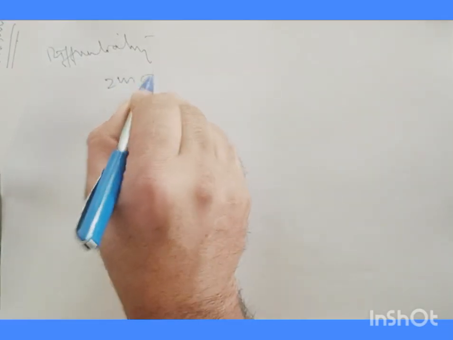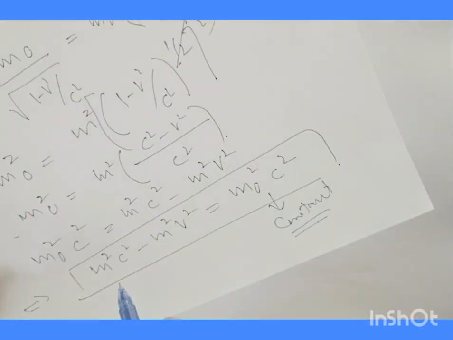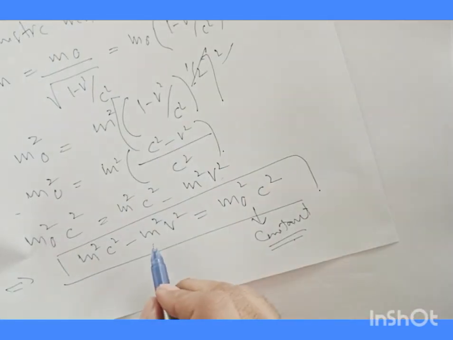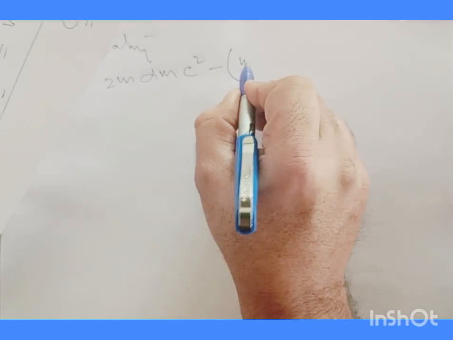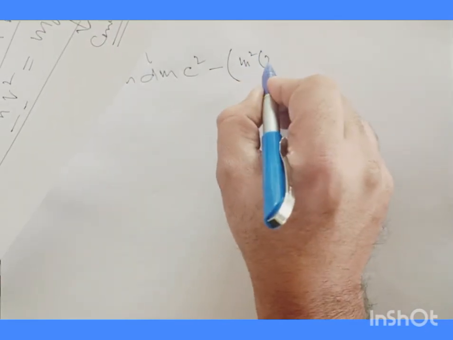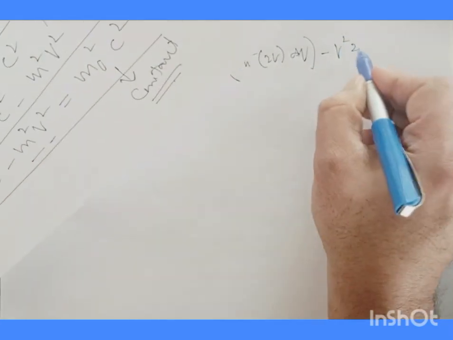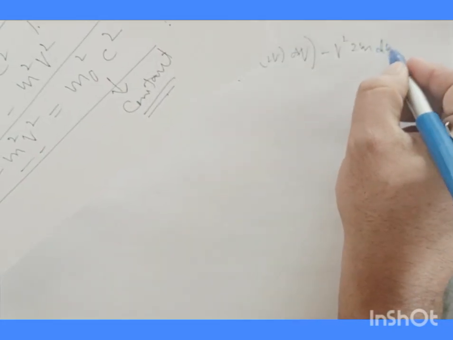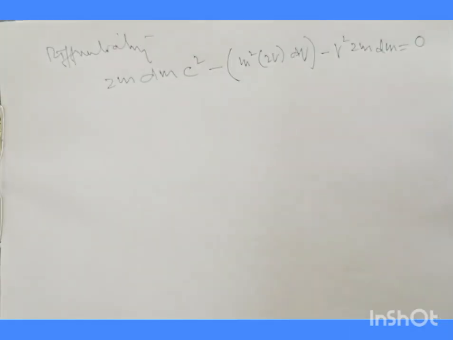Okay, what I have is, so here I will have 2m dm c square minus, okay, so here we will have the UV rule. So m square has its 2v dv, that will be 1, minus v square has its 2m dm, is equal to 0, because the differentiation of a constant is always equal to 0.